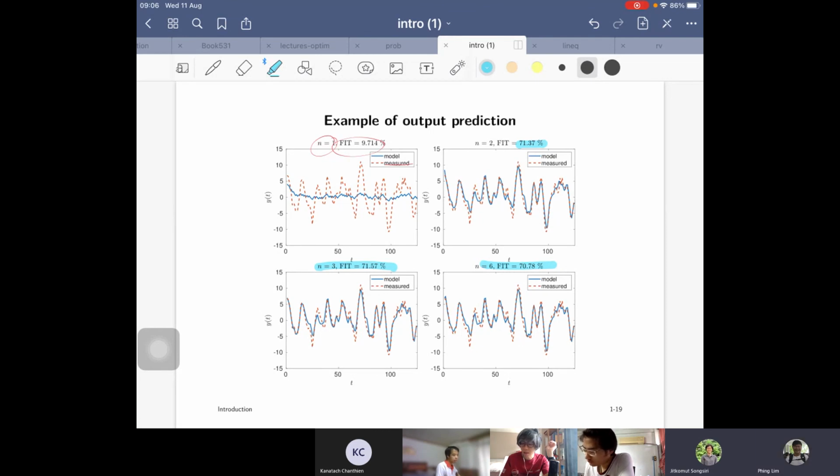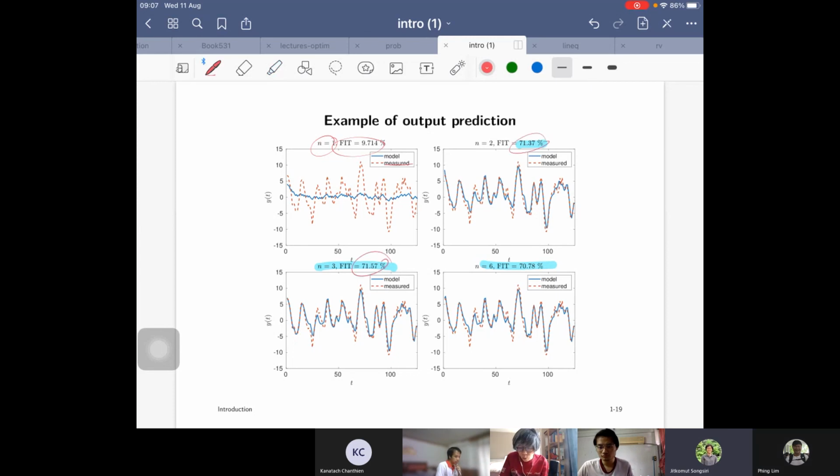It's really the same. They have little difference. They are all different, but the question is, are they significantly different or not? No, right? So choosing the model order is not that automatic.